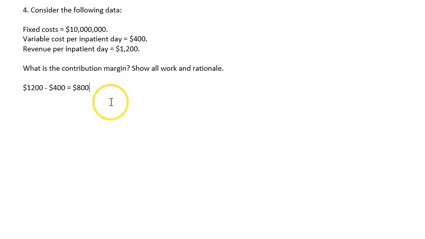Of course, fixed costs are not included in this calculation because we just want to know the variable component of what we're doing and how it's going to impact the overall fixed costs of our operation. So there you go. Question number 4. Hopefully that one was easy.